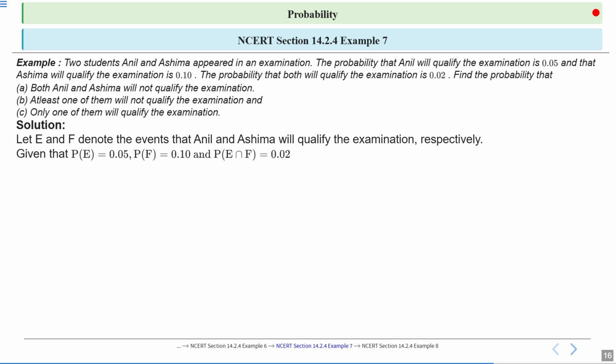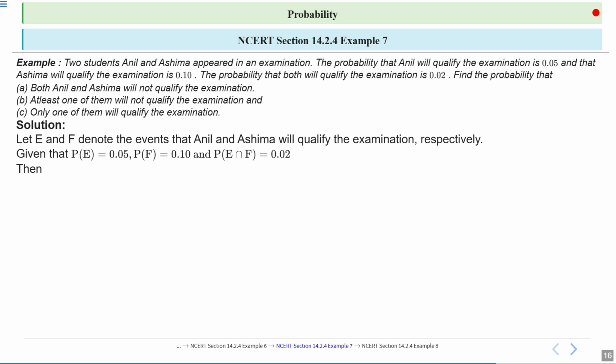Given that the probability that Anil will qualify is 0.05, that means probability of E is equal to 0.05. Clear? And the probability that Asima will qualify is 0.10, so probability of F is equal to 0.10. And the probability that both will qualify the examination is 0.02, so probability of E intersection F is equal to 0.02. Clear?